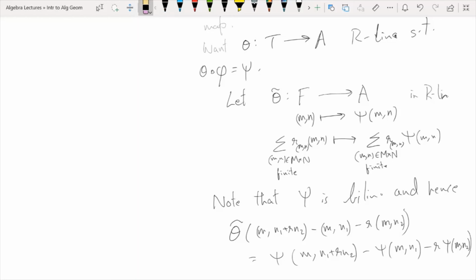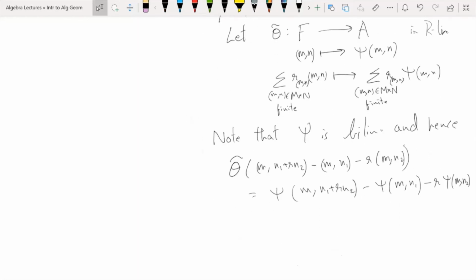This bracket is redundant. And C is R-bilinear means this one splits and you get the right hand side. So this is 0. So this implies K is contained in the kernel of theta tilde.